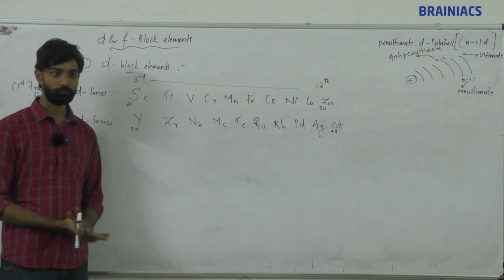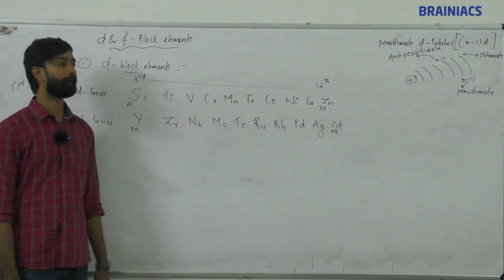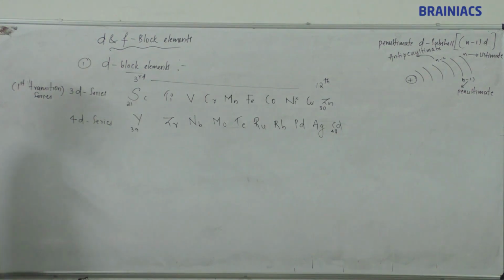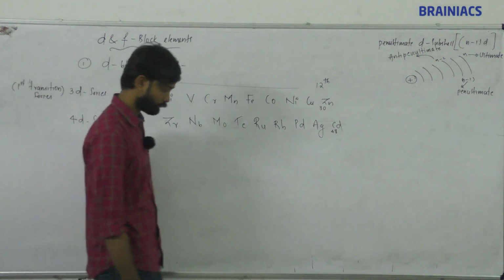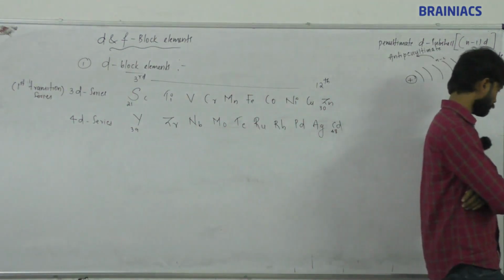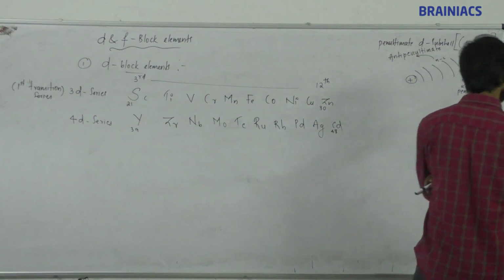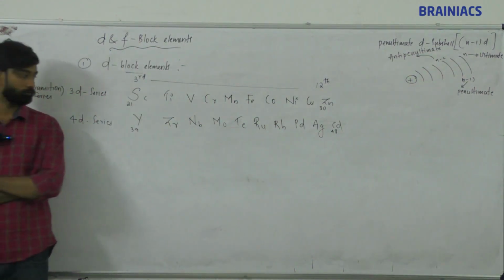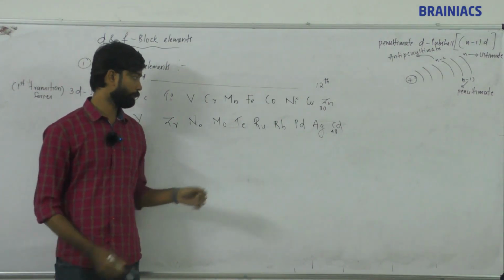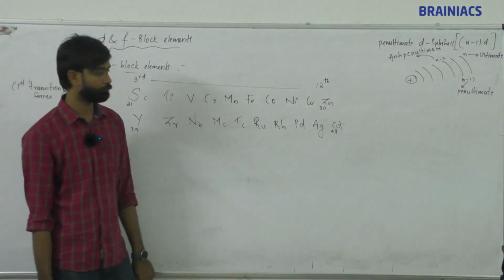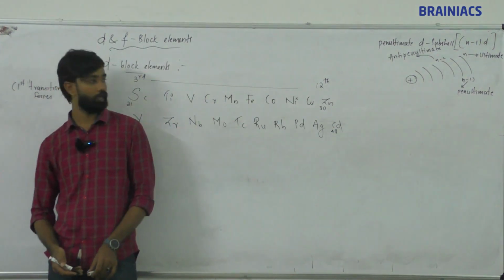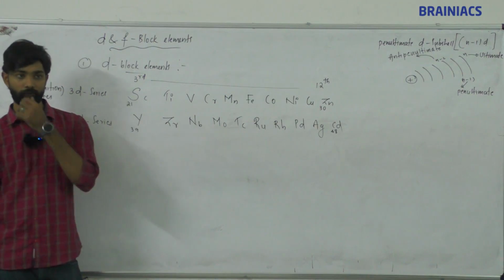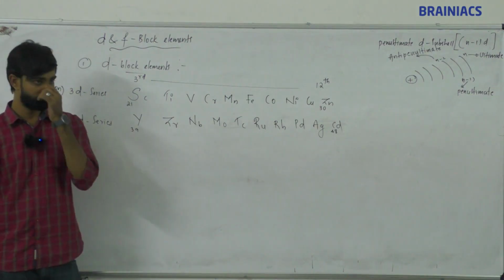Technetium is Tc, ruthenium Ru, rhodium Rh, palladium Pd, and silver, actually argentum, is a Latin name.